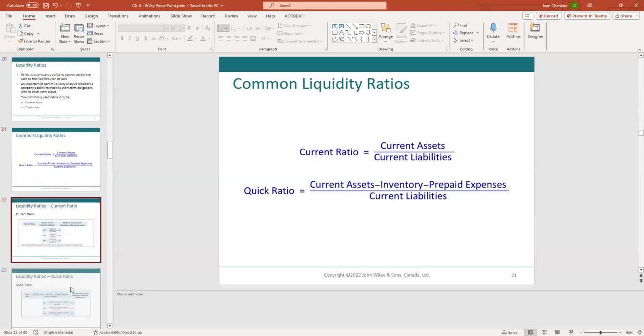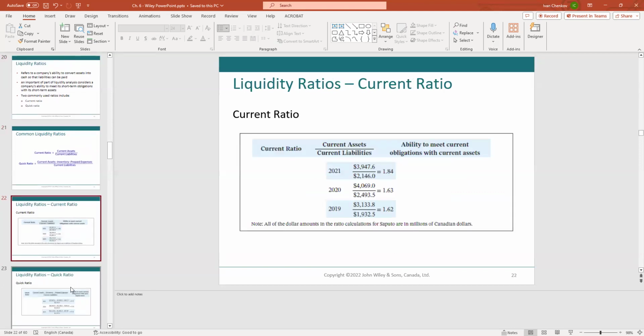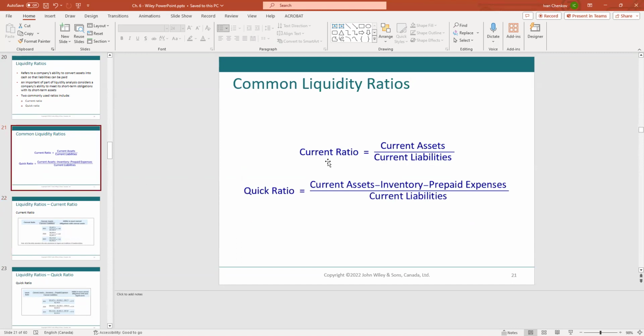So for this company, once we get the numbers, we're going to find out that the current ratio goes from 162 to 163 and then moving to 184. First, let's think about it. Is it good for us if the current ratio is equal to 1?